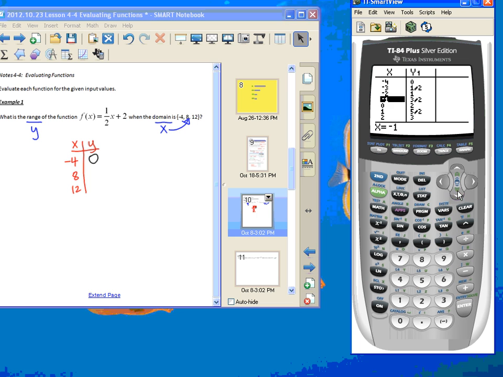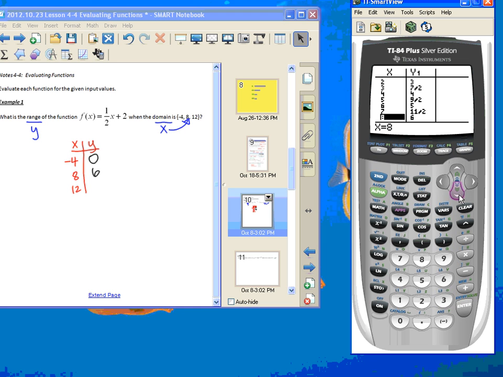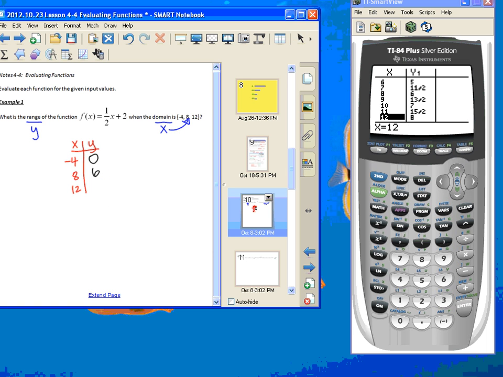When x is 8, I've got to scroll back down. When x is 8, y is 6. And then when x is 12, y is 8. So your answers are 0, 6, and 8. Those are your answers.